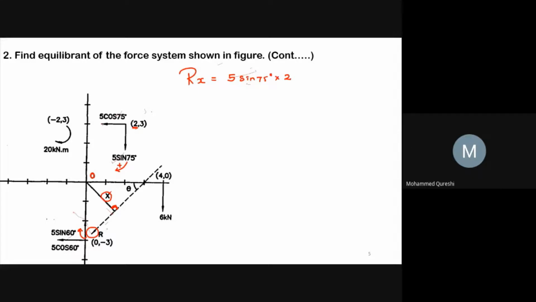Now next will be 5 cos 75. This will move towards point O in anti-clockwise direction.